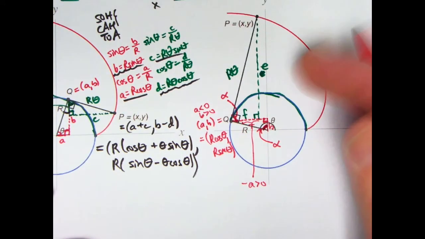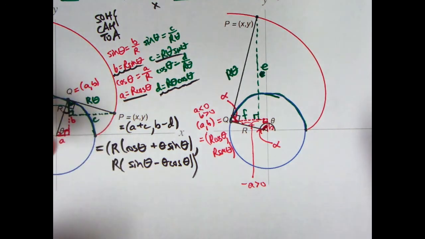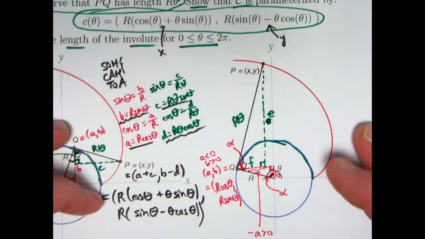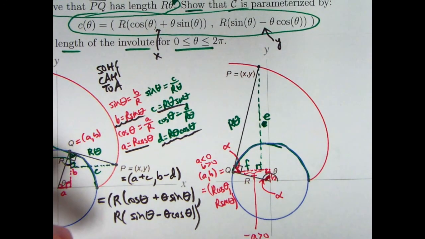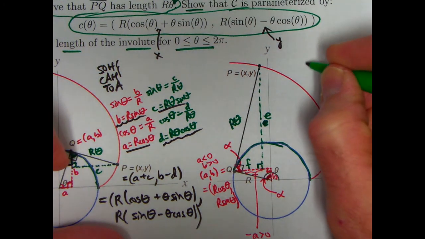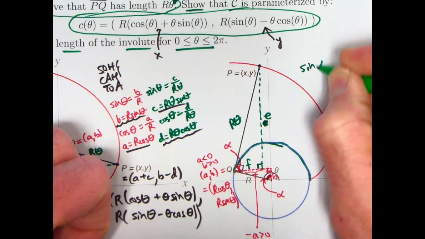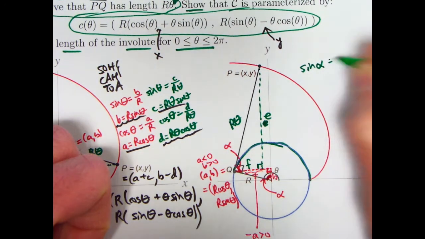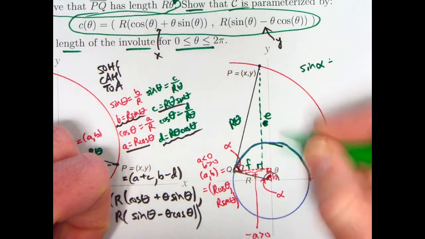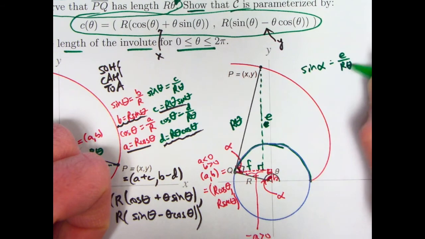So I'm going to write E and F in terms of r, theta, and alpha. But then the hardest part is going to be relating that to just r and theta. Okay? So hang with me here. Once again, I use SOHCAHTOA. Based on this bigger triangle here, sine of alpha, this angle here, is opposite over hypotenuse, E over r theta.